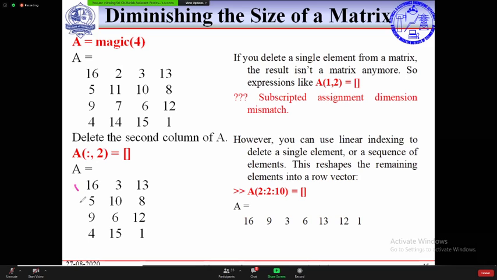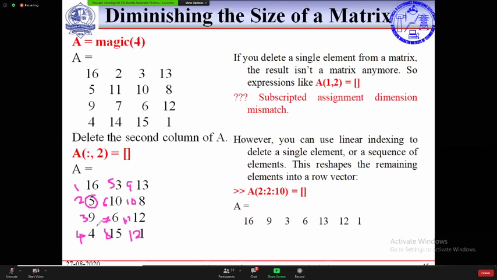This is the first location, second, third, fourth, fifth, sixth, seventh, eighth, ninth, 10th, 11th, 12th. These are the address locations. You are asking for the second address to be empty. What is the second one? 5.